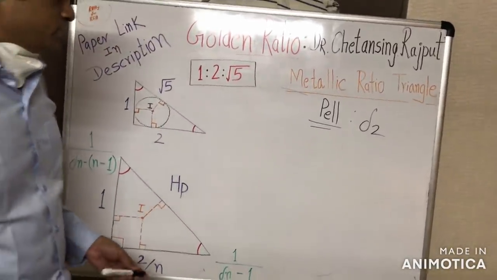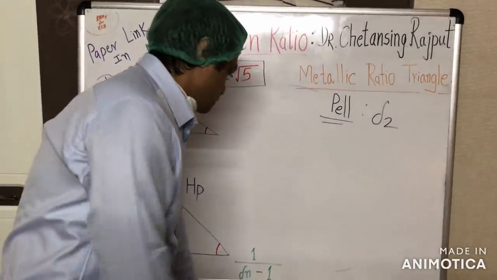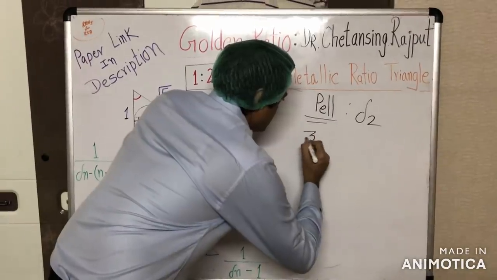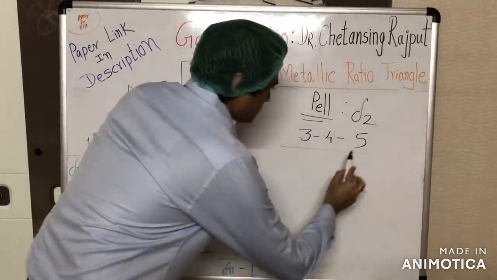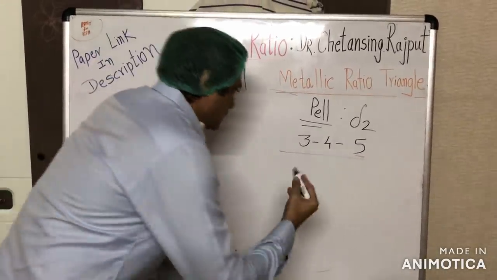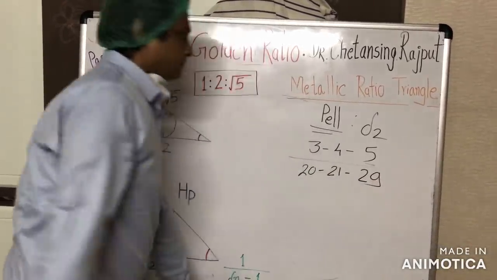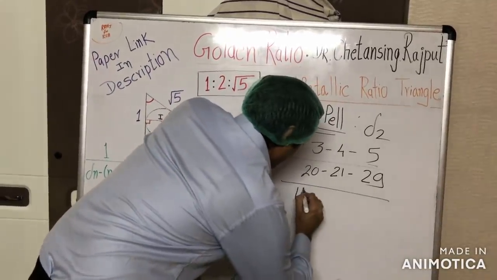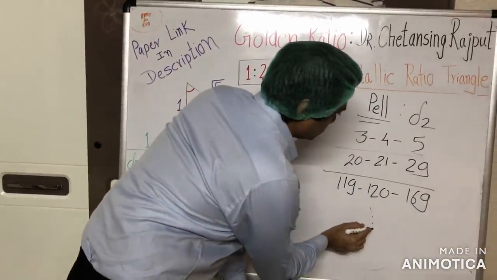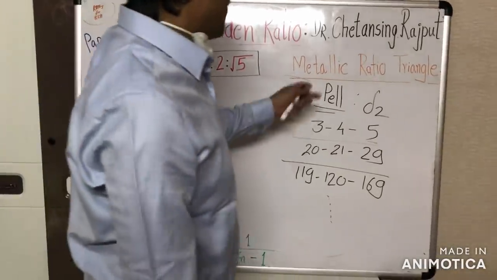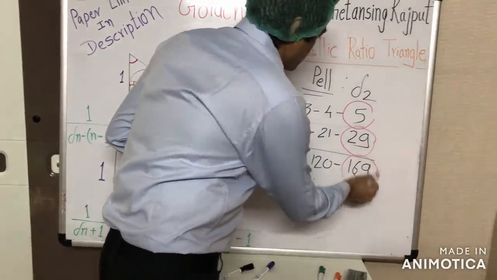Okay, and if we derive Pythagorean triples with alternate Pell numbers as their hypotenuse, the triples like 3, 4 and 5, Pythagorean triple with Pell number as hypotenuse, another triple like 20, 21 and 29, one more triple like 119, 120, 169 and so on. Infinite Pythagorean triples can be derived with alternate Pell numbers as their hypotenuse.